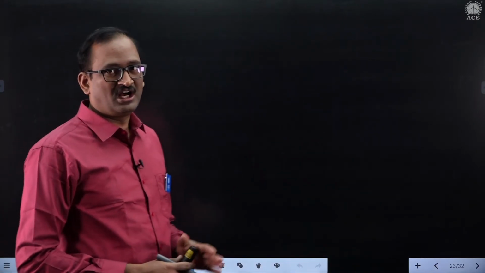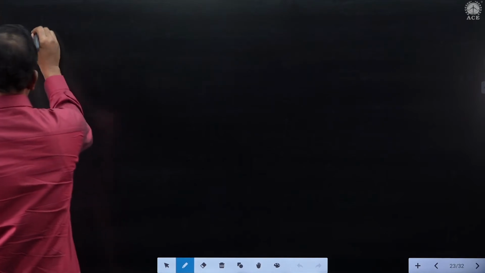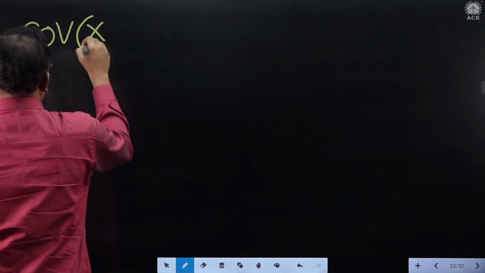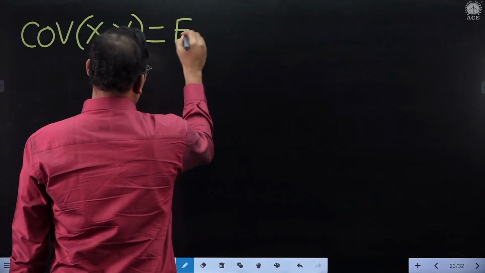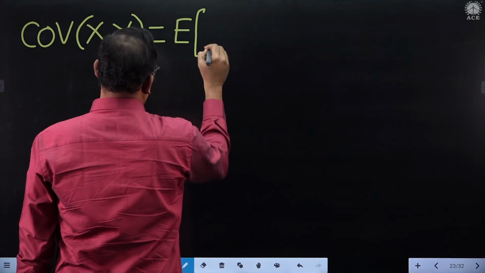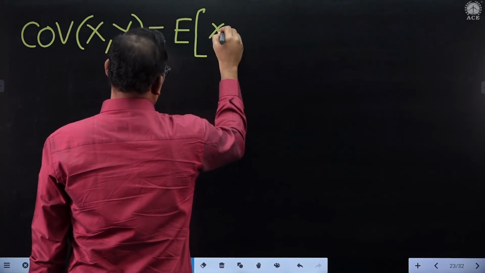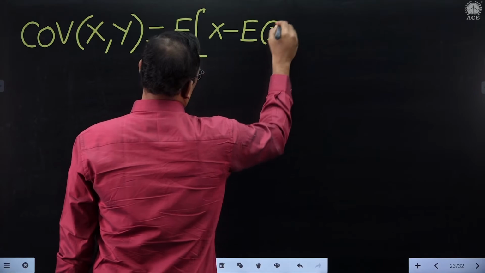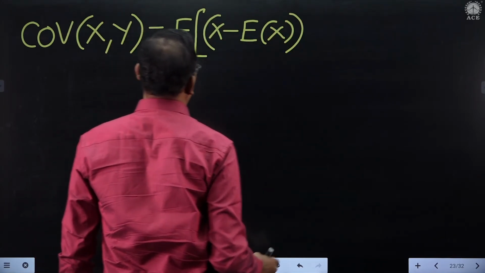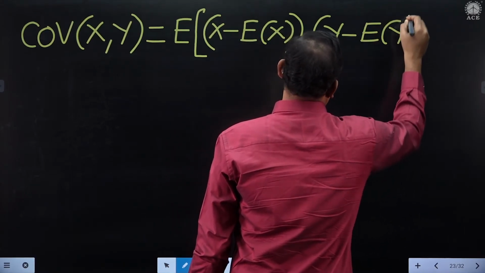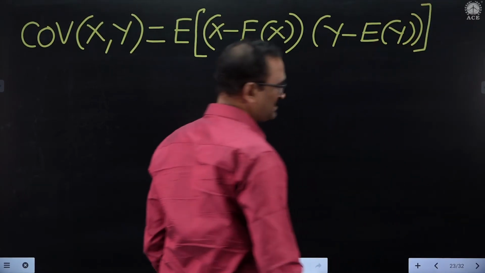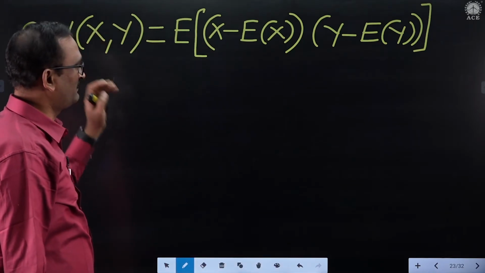First of all, I want to write the definition of covariance of x comma y. What is covariance of x comma y? It is equal to expected value of (x minus expected value of x)(y minus expected value of y). This is the definition of covariance of x comma y.